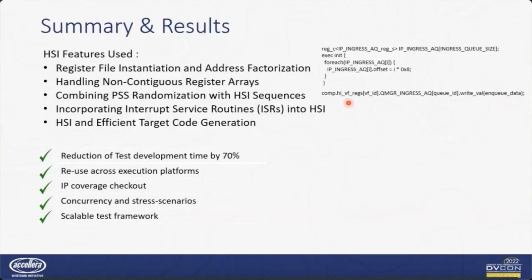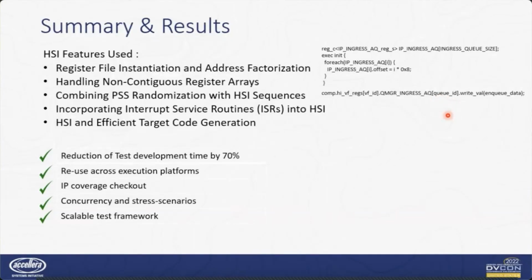So here VF is from the 16 virtual functions. It basically picks one of those virtual functions which got randomized, and within that register array, it writes to, let's say, the queue manager ingress AQ register, to the randomized value of queue ID.